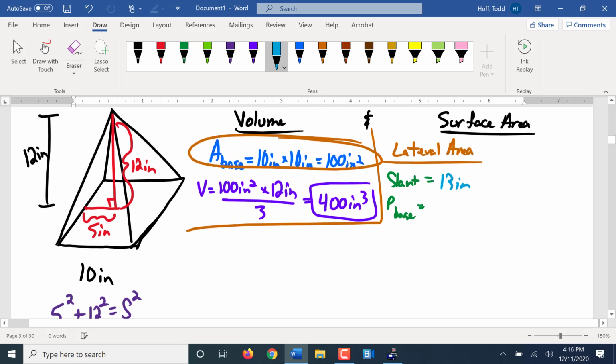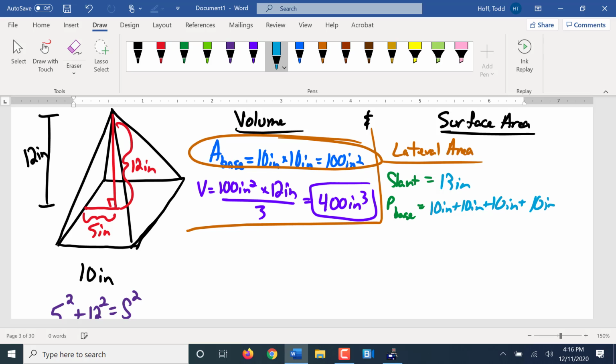How do I find the perimeter of the base? 10 plus 10 plus 10 plus 10. You got her. So our lateral area is the perimeter of the base. That was 40. Times what? Slant of 13 inches.